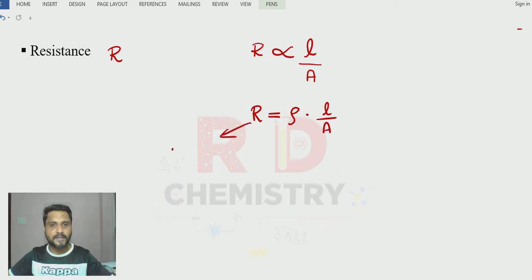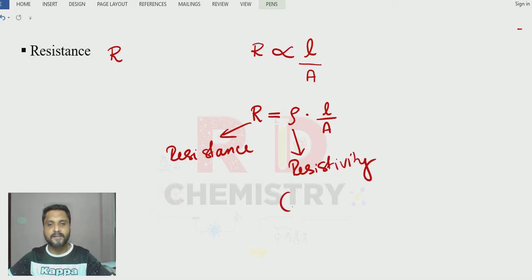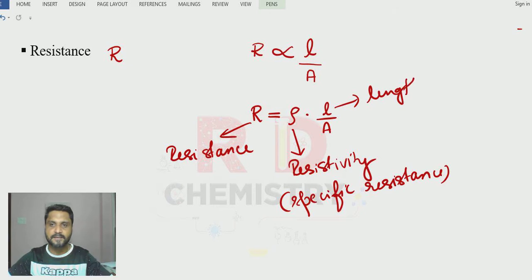R stands for the resistance, rho stands for the resistivity, also called the specific resistance. L is the length, and A is the area of cross section, correct?